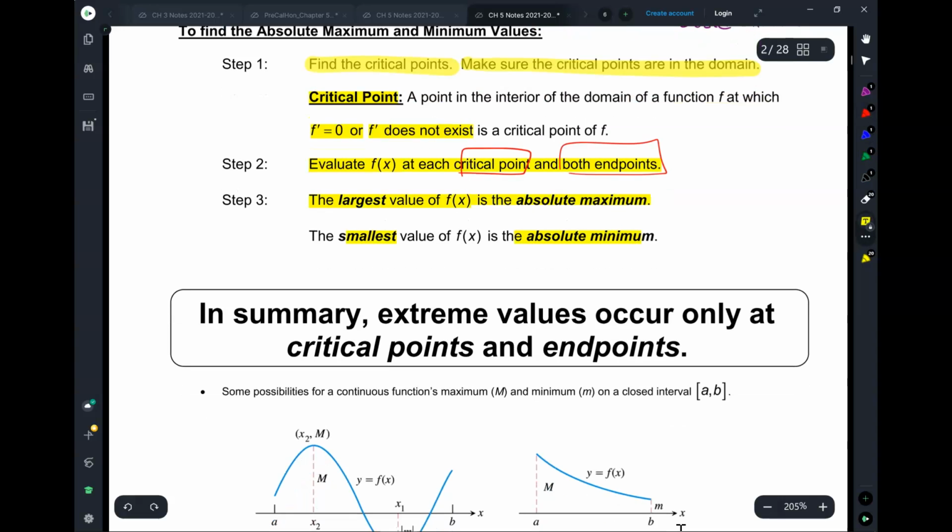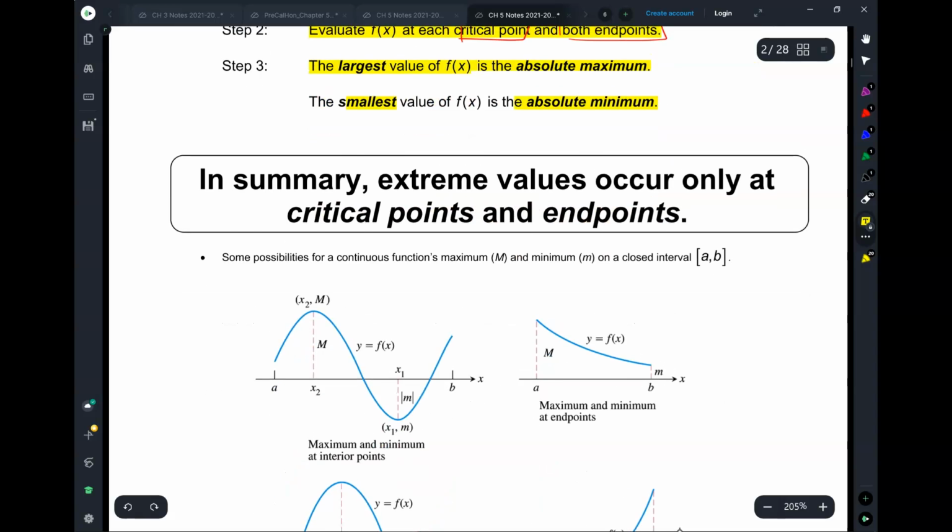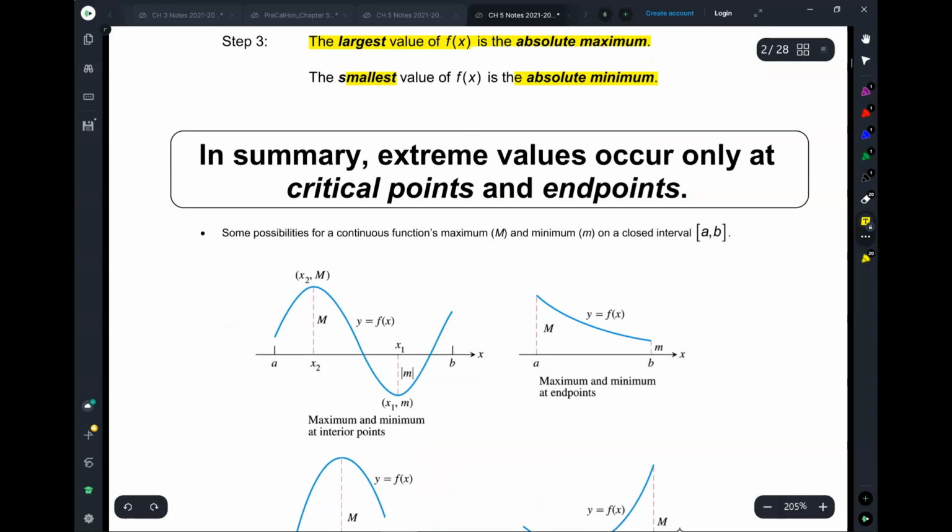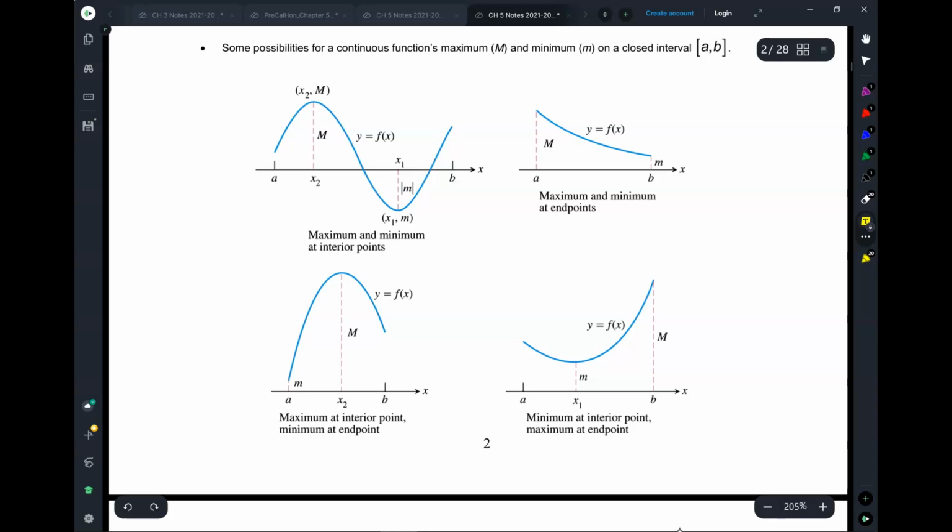The smallest is the absolute min. Okay. So, summarizing. Extreme values will only occur either at critical points or at endpoints. So let's take a couple of examples and see where exactly do extreme values happen, right?